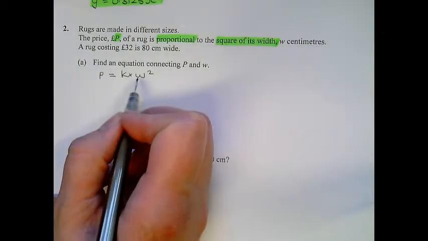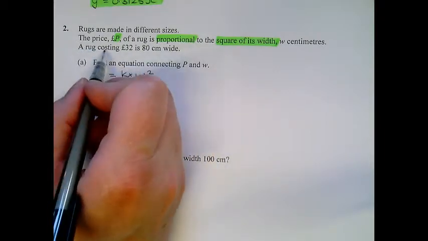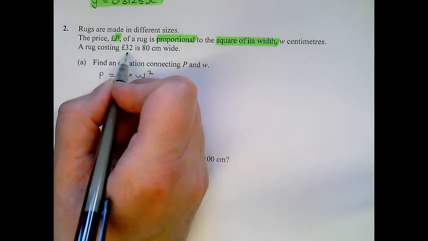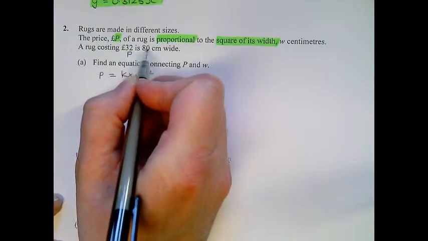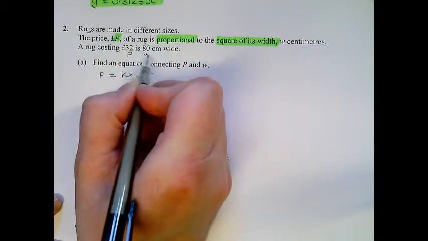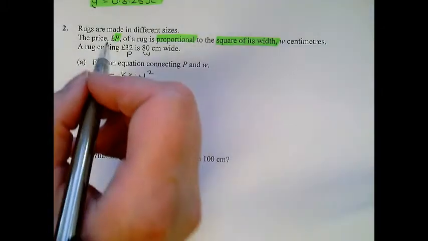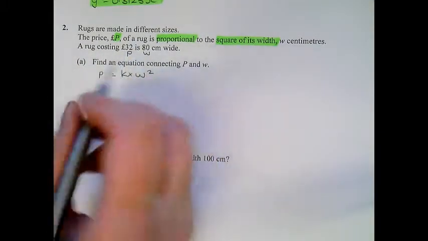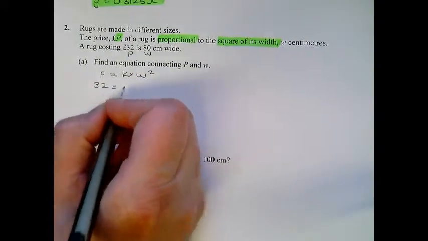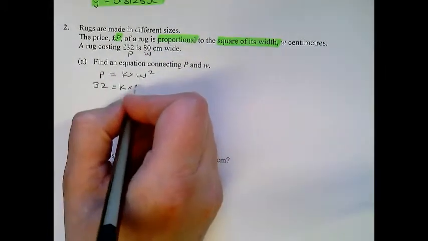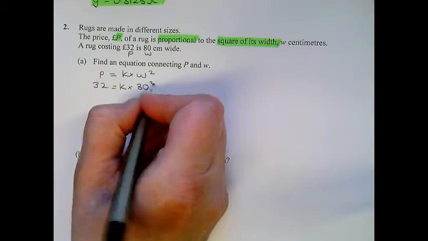So that's your starting equation, and then you substitute in the numbers that they've given you. So a rug costing £32, so that would be the price, is 80 centimetres wide. So the 80 would be the W then. So I'm going to substitute in 32 instead of P, and then go over and put 80 in instead of the W.